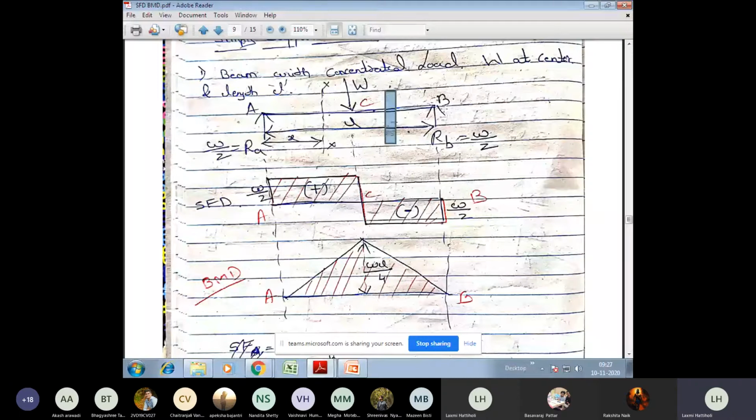RB. In which direction is it going? Upward direction. And right side upward direction, positive or negative? Please see the sign convention. It is negative. Right side upward force is negative. So it is minus W by 2. Of course, I have not shown the calculation, but I am just telling you another method if you are coming from the right side.